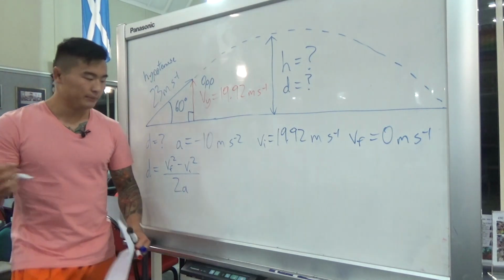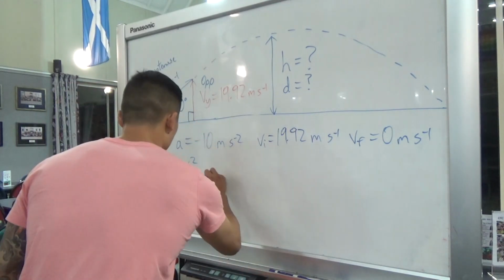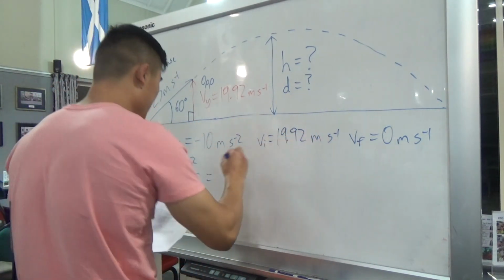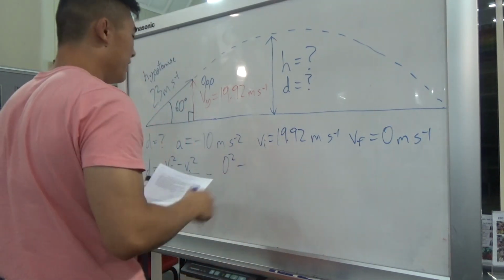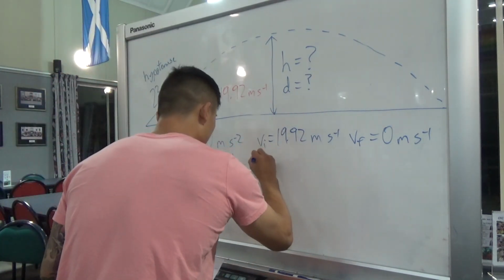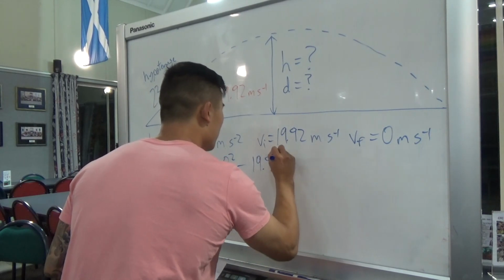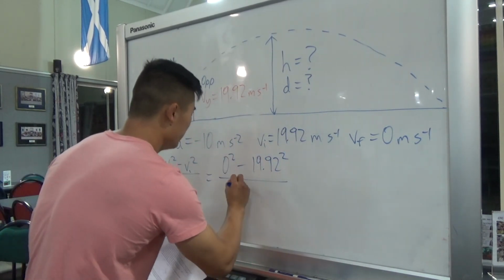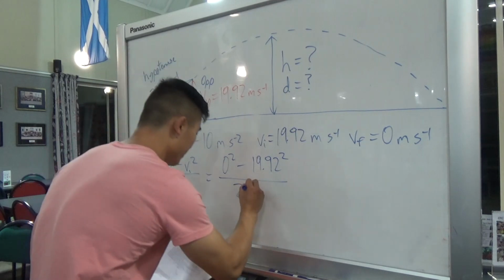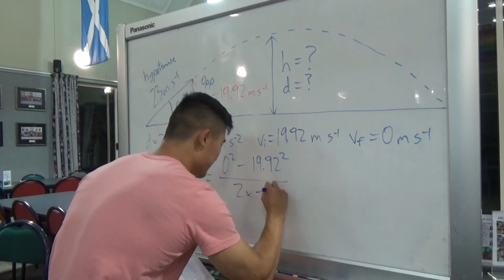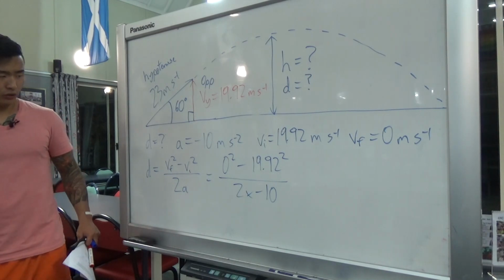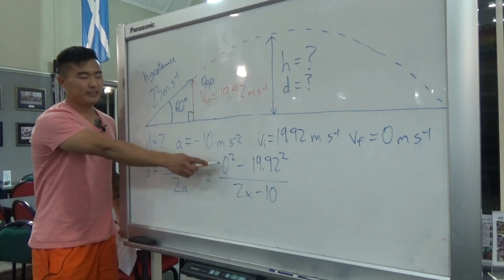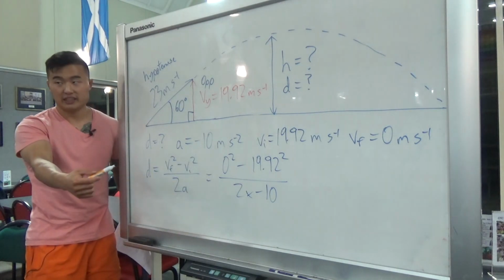Okay, so now we're just going to substitute our numbers. Our final velocity was 0, so 0 squared minus our initial velocity, which was 19.92 squared, over 2 times our acceleration, which is negative 10. I've just put this 0 squared in there, but because it's 0, you wouldn't have to actually put it in.